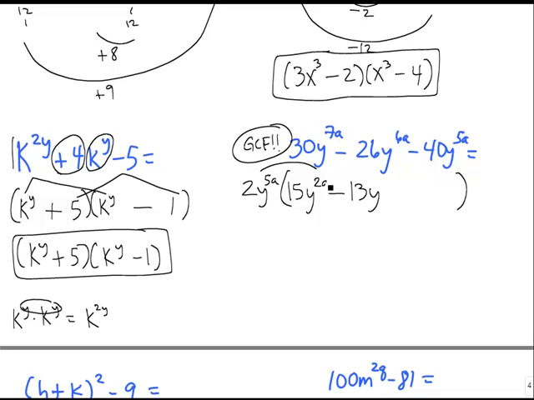And if I pull out a 5a, plus what gets you 6a, I need one more a. So if I take away 5 a's from 6a, I need 1a left over. And for the last term, 2 goes into minus 40, negative 20 times, and I pulled out all of these 5a's, so there's no y's left over.